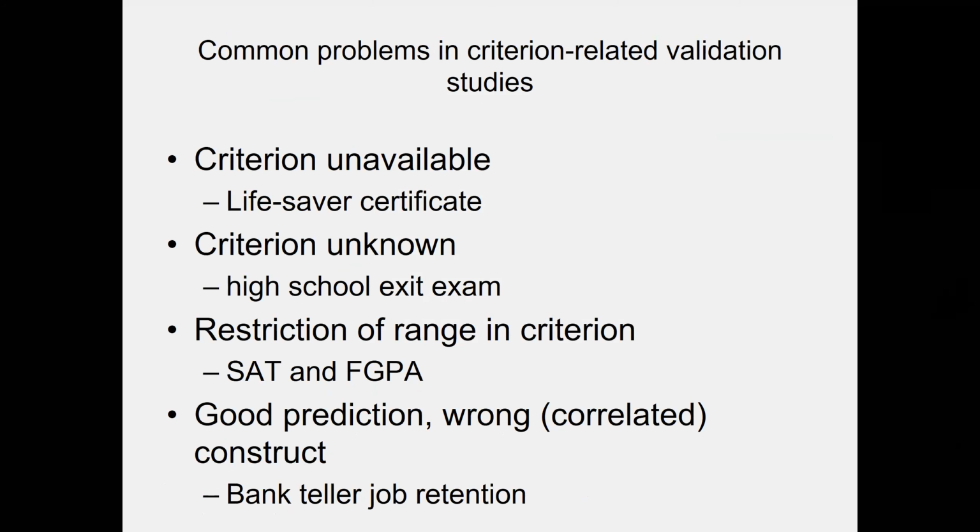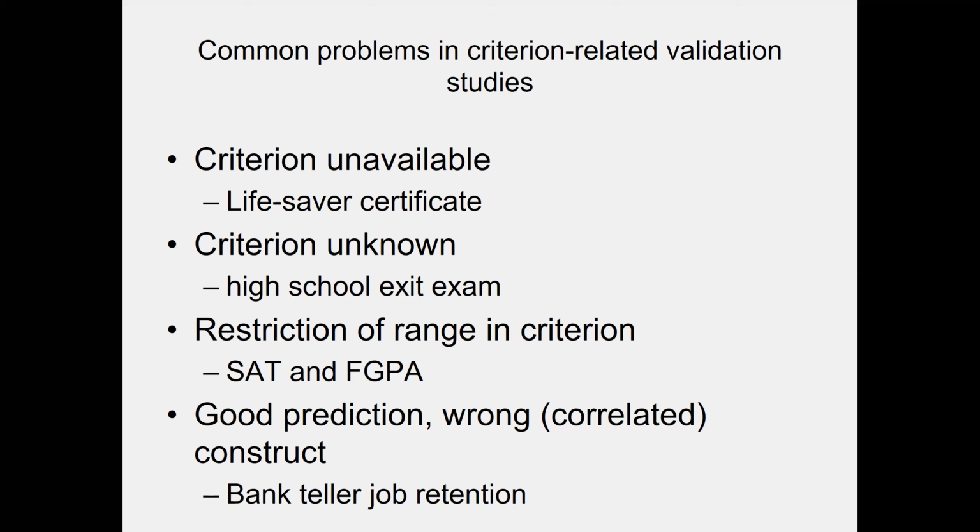Okay, so there are problems with these criterion studies, mostly that we don't have a criterion. And that may be because, for reasons of safety, we can't send people on to a diagnostic assessment who don't pass the test. A good example of this, and there are many examples, is when people get a certificate in life-saving.